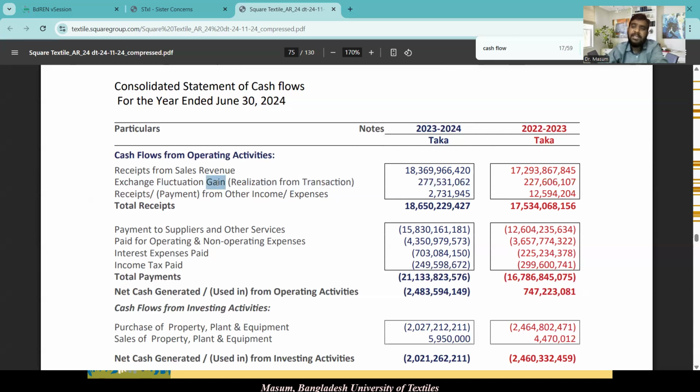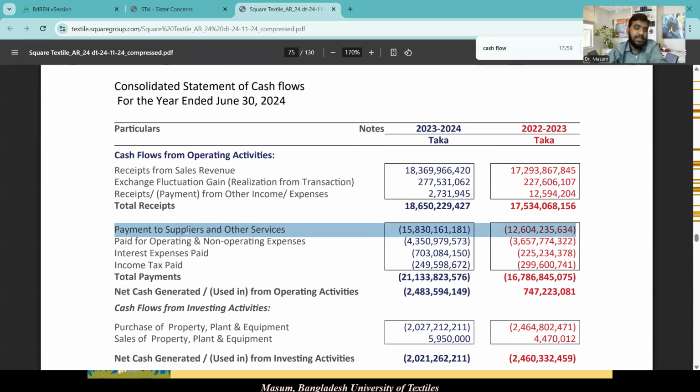Gain means that you receive dollar from export proceeds, and the price of the dollar when you received was 100. Now it is 120. So there is a gain. It is known as exchange fluctuation gain.